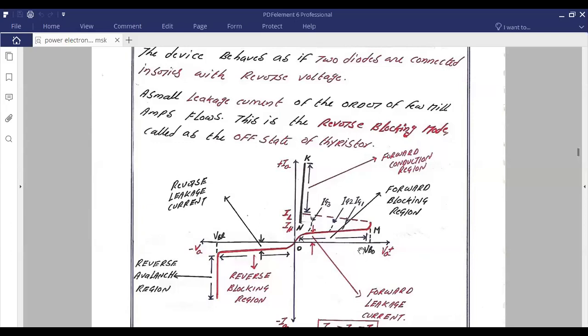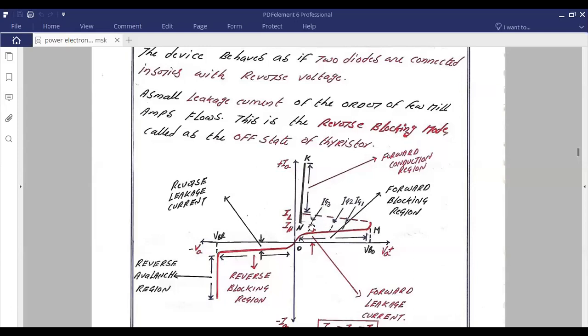Let me explain once again. We consider gate currents of 5 milliamps, 10 milliamps and 15 milliamps. With 5 milliamps of gate current, we increase the forward voltage and the device conducts at 50 volts. With 10 milliamps, the device conducts at 30 volts.